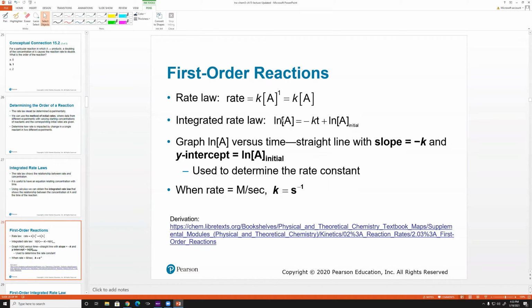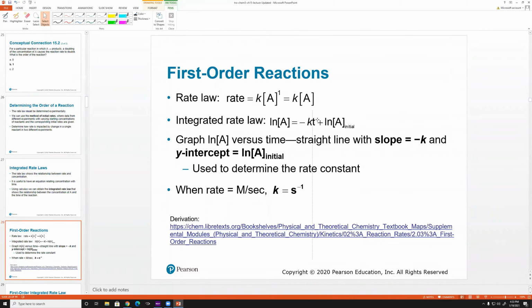So what we can say is that the graph of the natural log of A over time is a straight line, and the slope is negative k based on this y equals mx plus b. So it's important to understand what the rate law means. And the y-intercept is going to be the natural log of A initial. So you can figure out the initial concentration in that reaction if you know it's a first order rate law.